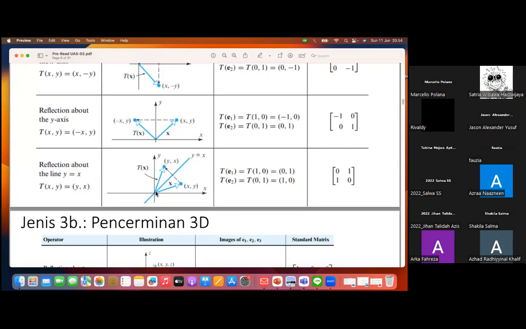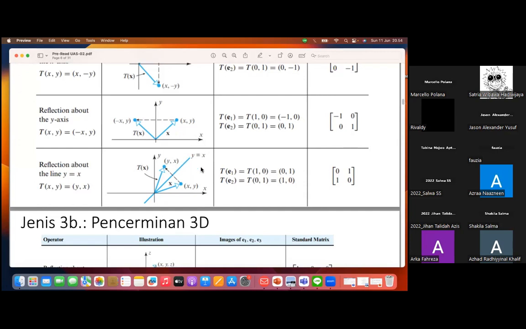We have the line y equals x, and we have the point x comma y and its image y comma x. The line between the object and the mirror image is perpendicular to y equals x.